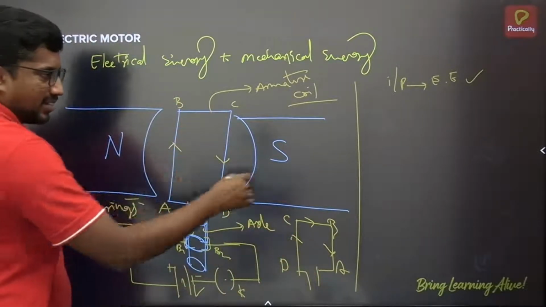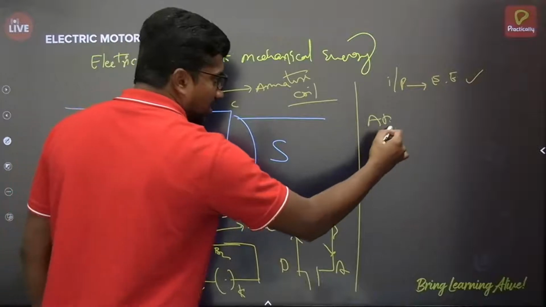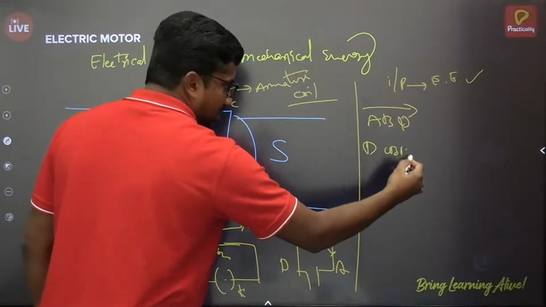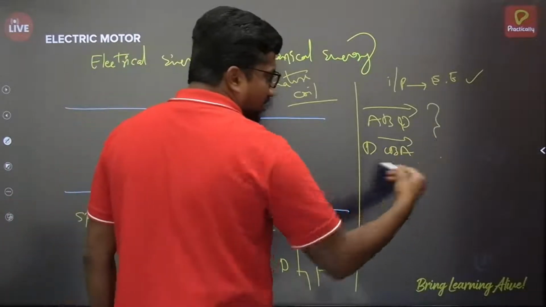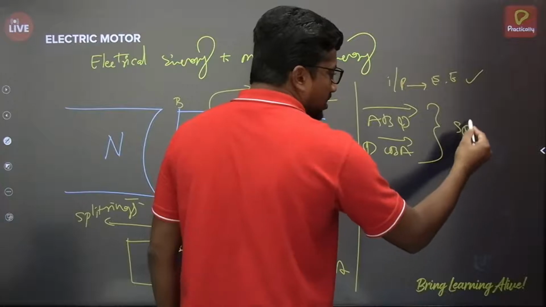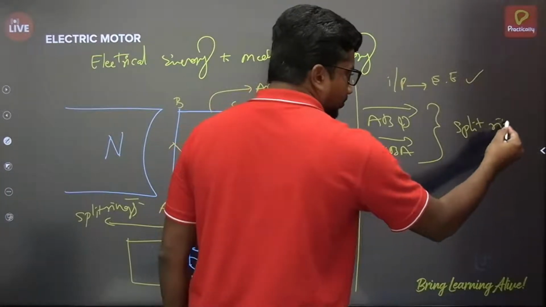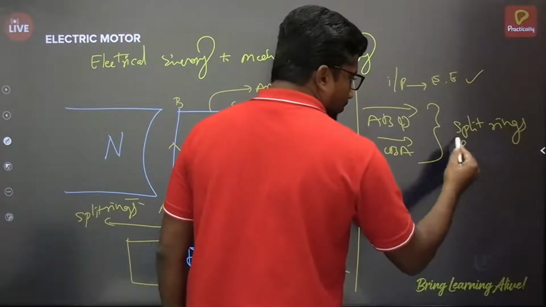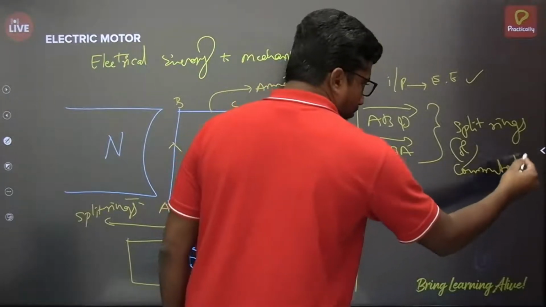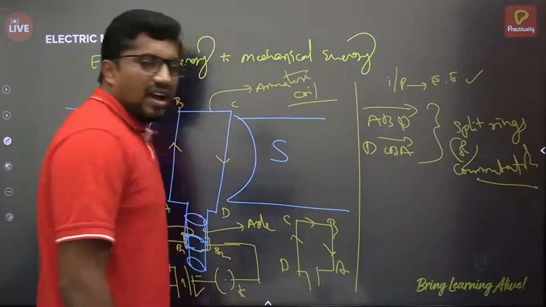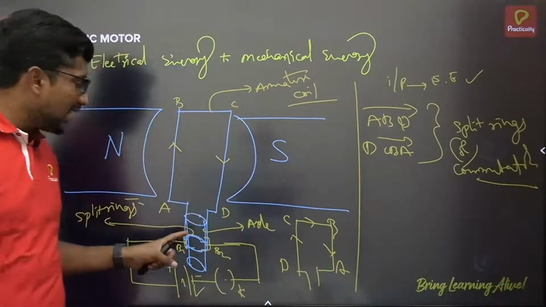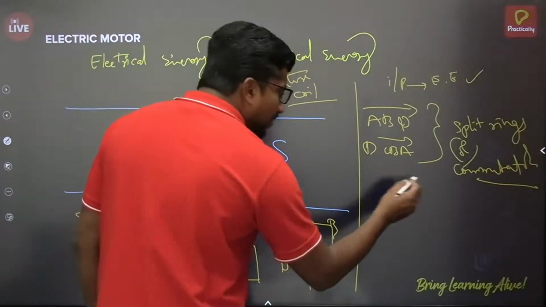Earlier it was in the ABCD direction, now DCBA, so the current direction is reversed here. The direction of current is reversed with the help of the split ring commutator. The split ring type commutator is responsible for reversing the direction of current for every half rotation.